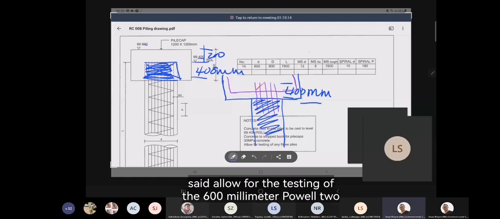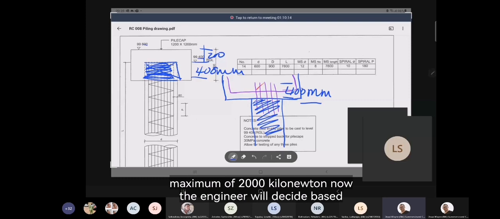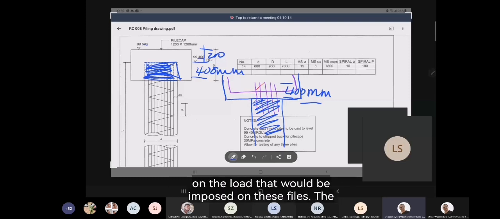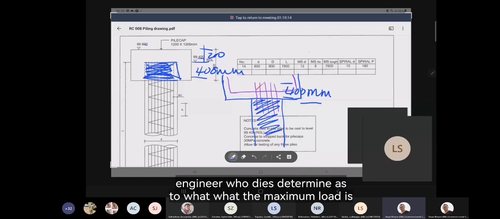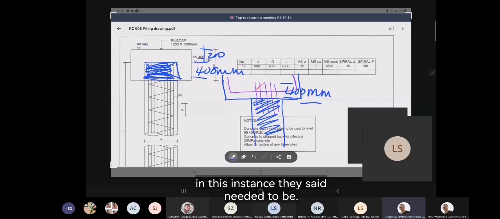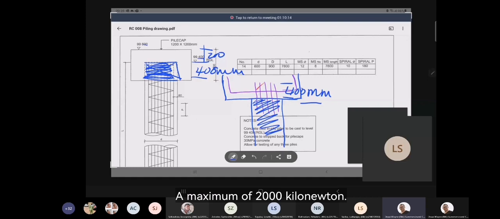So we say allow for the testing of the 600 millimeter piles to a maximum of 2,000 kilonewton. Now the engineer will decide, based on the load that would be imposed on these piles, what the maximum load is, what the maximum testing strength would be. And in this instance, they said it needed to be a maximum of 2,000 kilonewton.